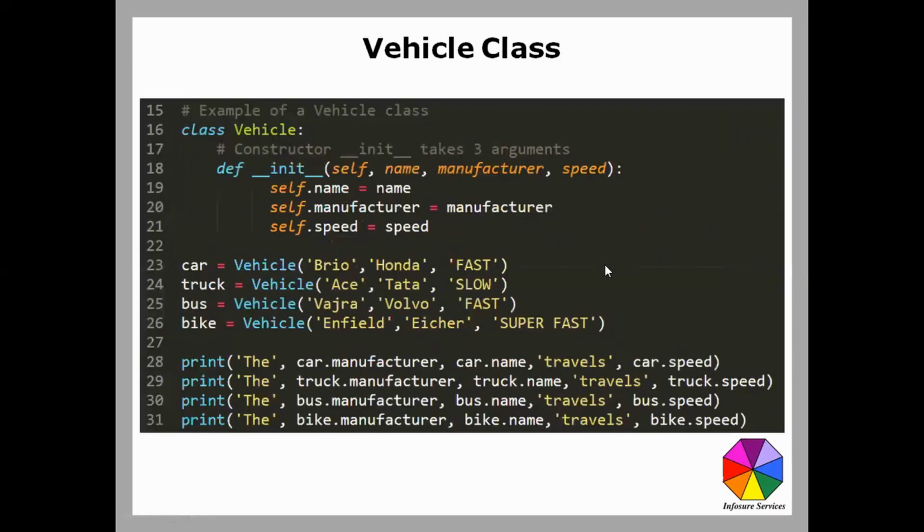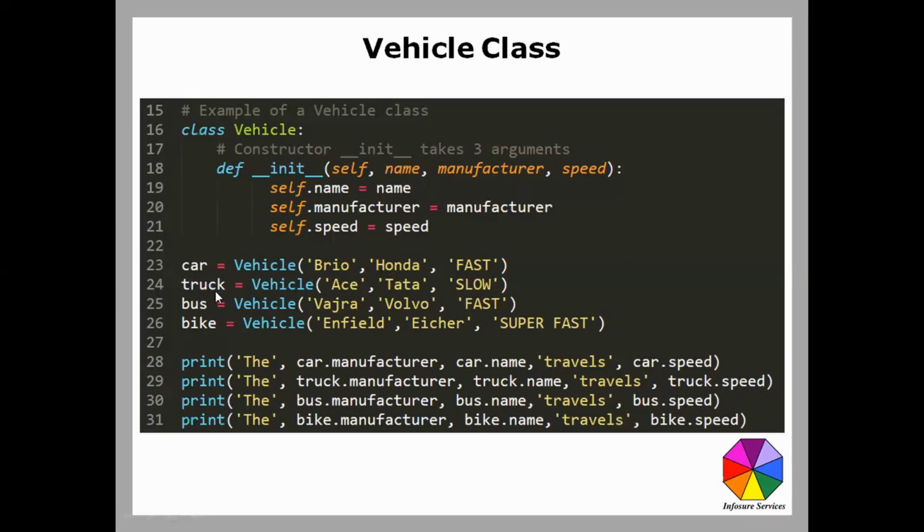So that's another example. Class vehicle. This constructor is coded with name, manufacturer, speed. Here is car, an object. Car is a vehicle, right? A truck is also a vehicle. So for car, I'm assigning specific values of the data. Honda Brio is the car name. Honda is the manufacturer. For speed, I'm just giving a string, fast.